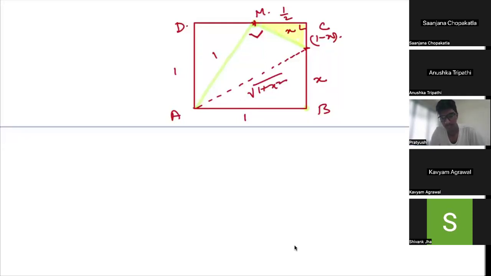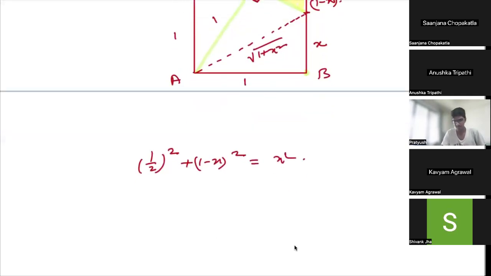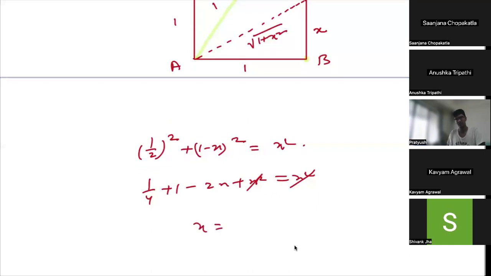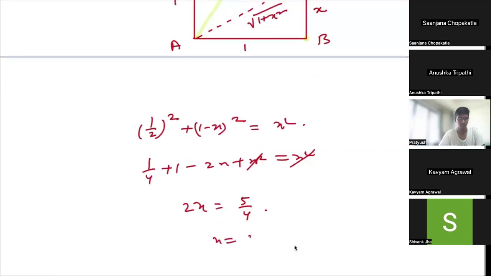A simple one. In this triangle, this is 90 degrees, and half, 1 by 2, the whole square, plus 1 minus x, the whole square, is equal to x square. 1 by 4 plus 1 minus 2x plus x square is equal to x square. So 2x is equal to 5 by 4, or x is equal to 5 by 8. 1 minus x is equal to 3 by 8.